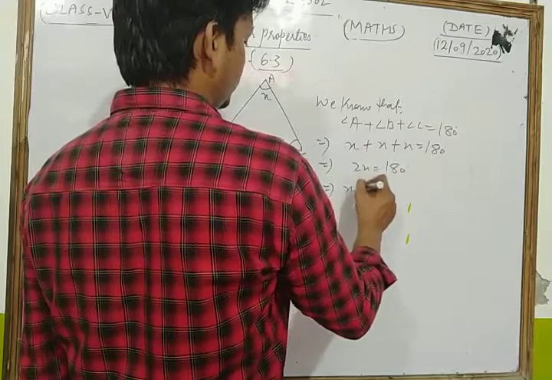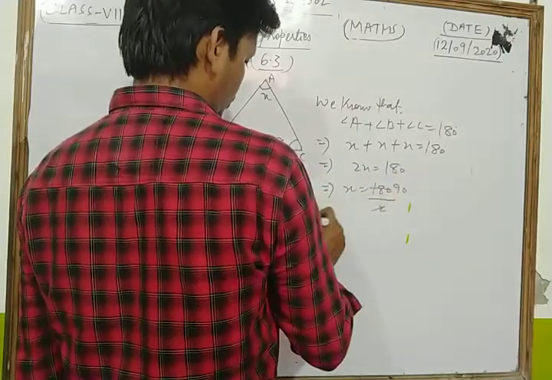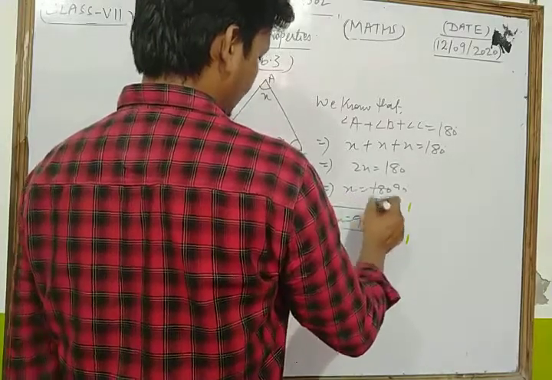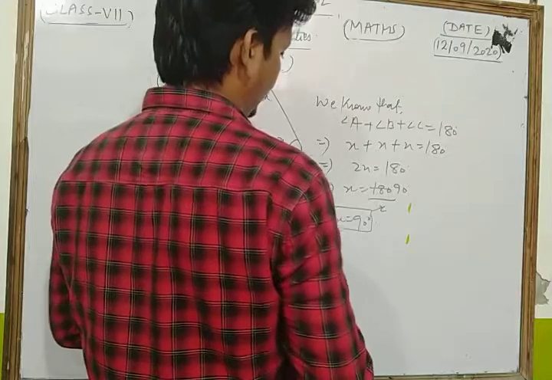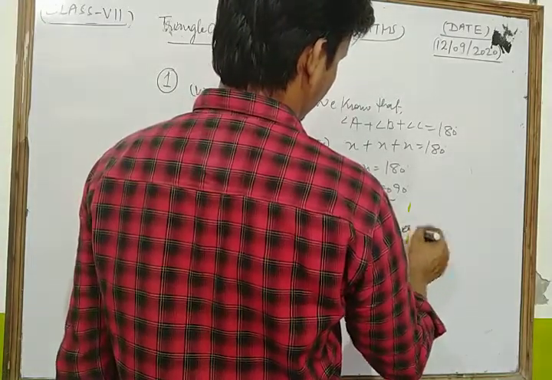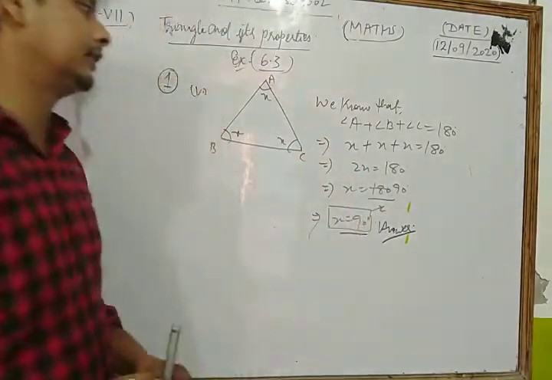So the value of x is equal to 180 upon 3. Three sixes are 18, so the value of x is equal to 60 degrees. This is our final answer. Okay, the value of x is 60 degrees.